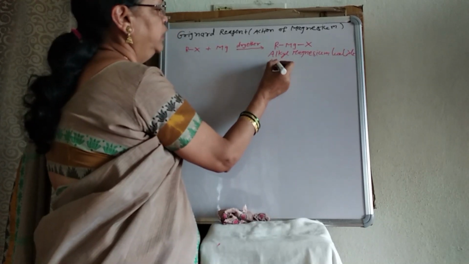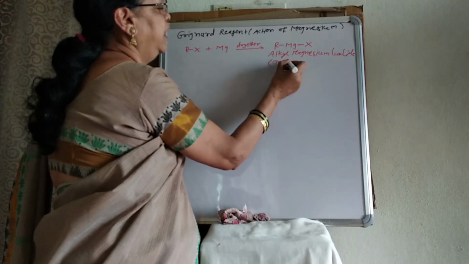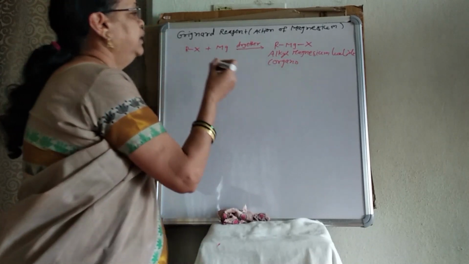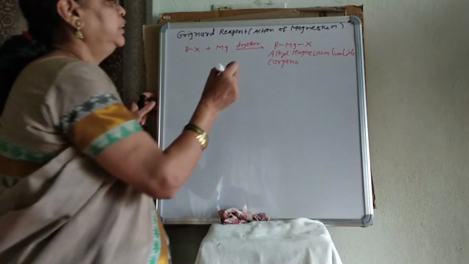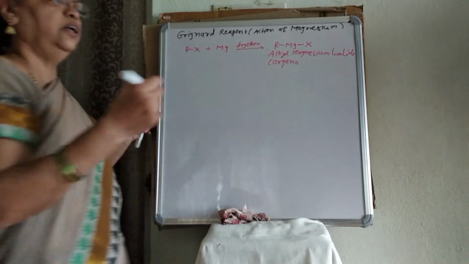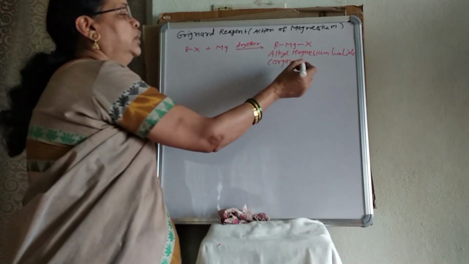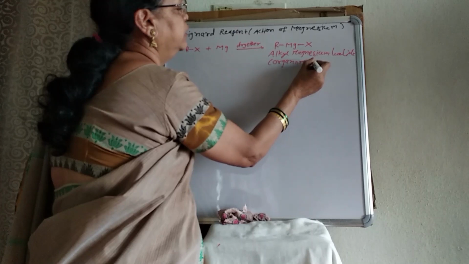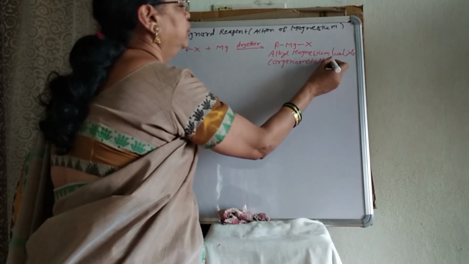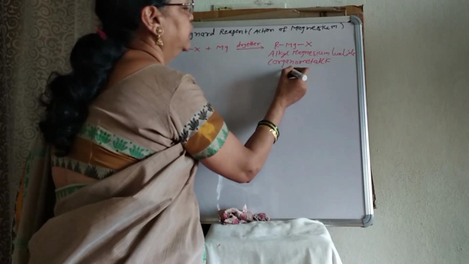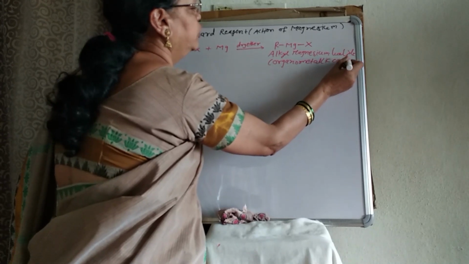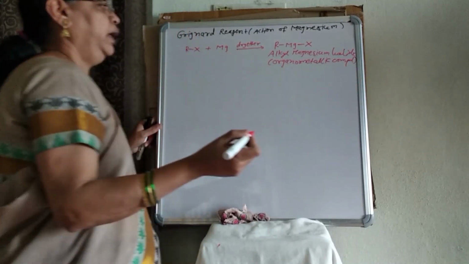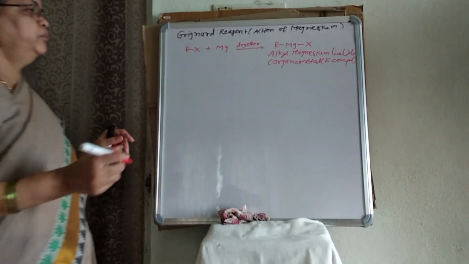Do you understand? It is also called Grignard reagent. Victor Grignard prepared this reagent for the first time by using an inorganic metal in an organic compound. Therefore, he got the Nobel Prize for this preparation, because it is very useful for preparing many other compounds.